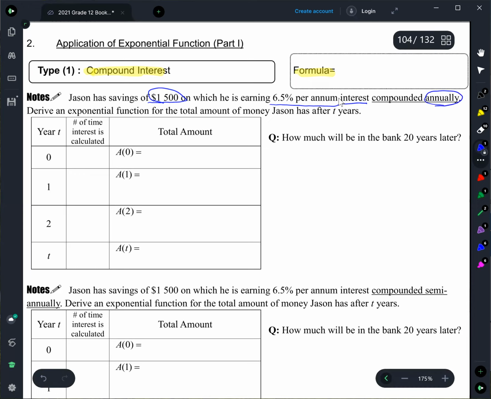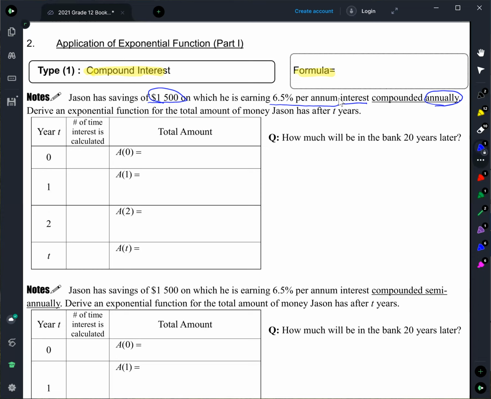What that means is the bank will pay you interest, give you extra money once a year. Compound means whatever you earned is added on to your original, so your original money keeps on growing.